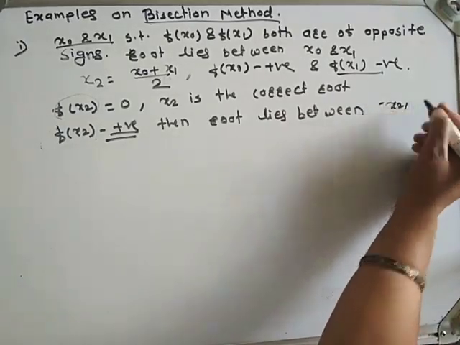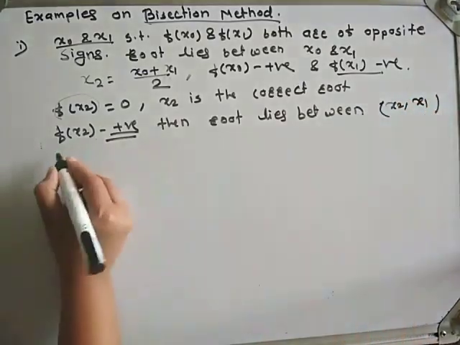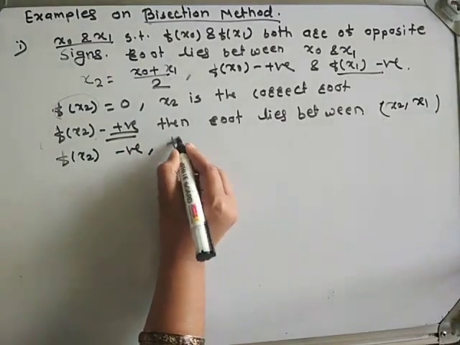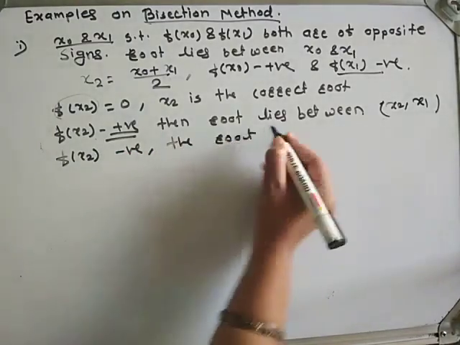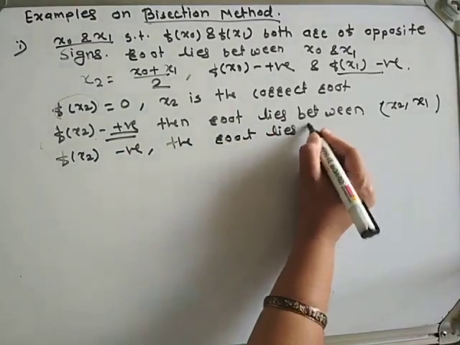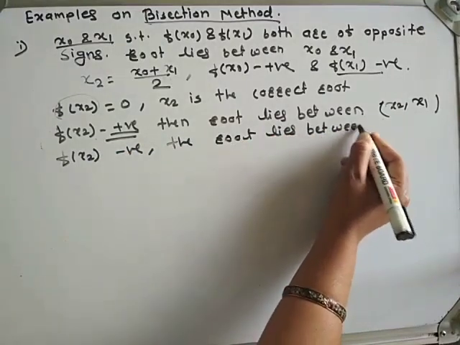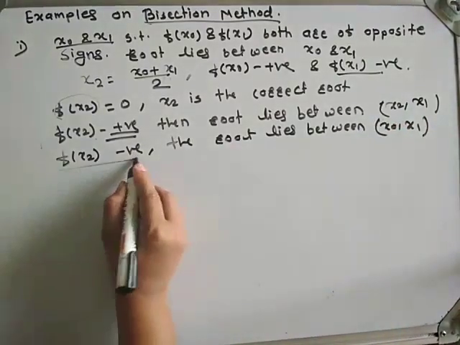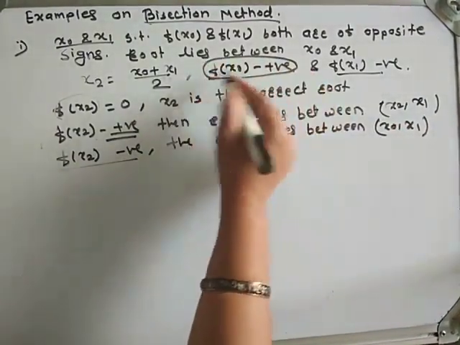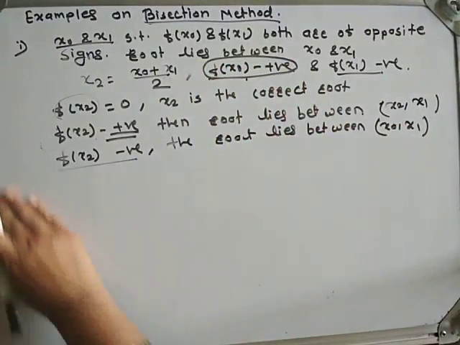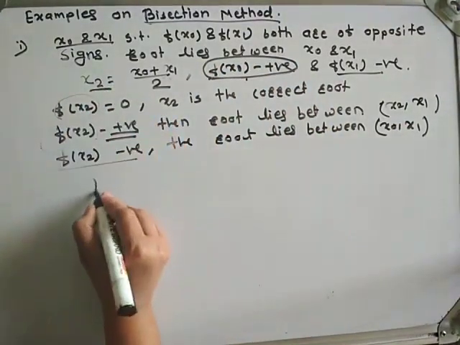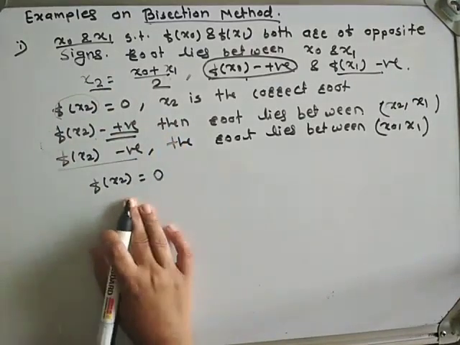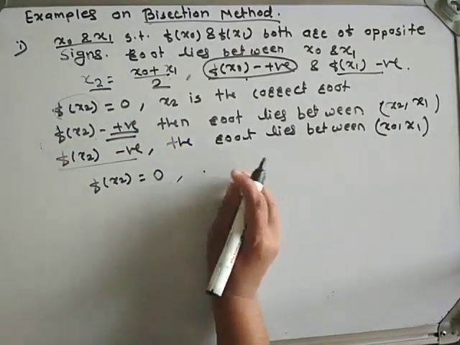If f of x2 is negative, then the root lies between x0 and x2, since f of x2 is negative and f of x0 is positive. We repeat this process until f of x2 goes to 0. When f of x2 goes to 0, we stop the iteration.